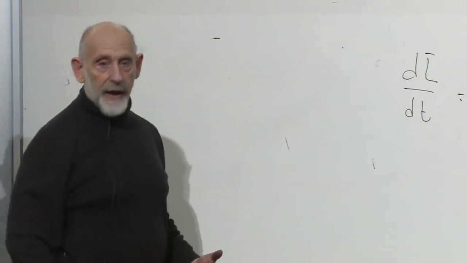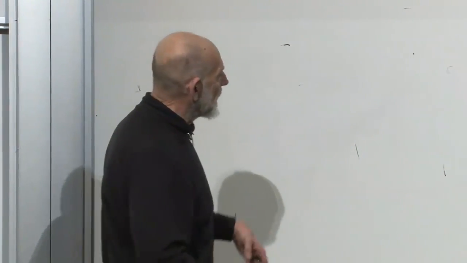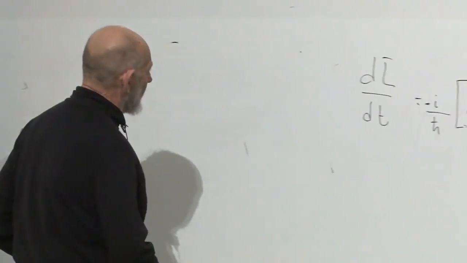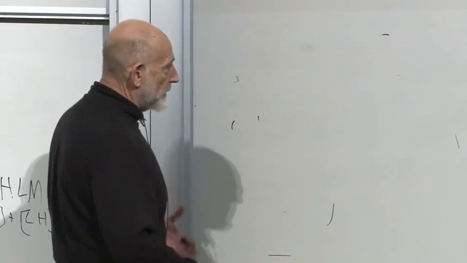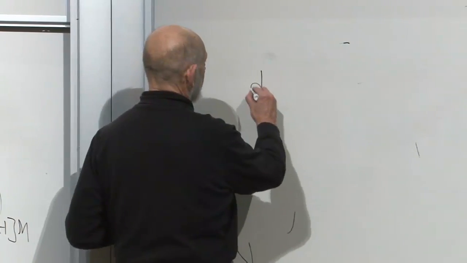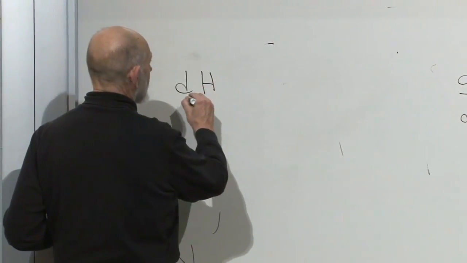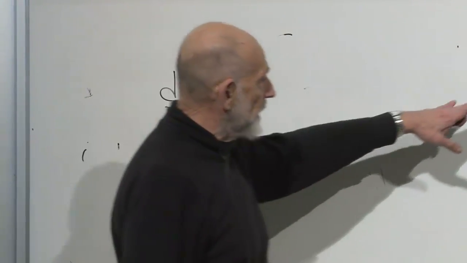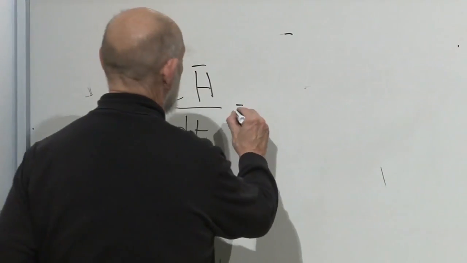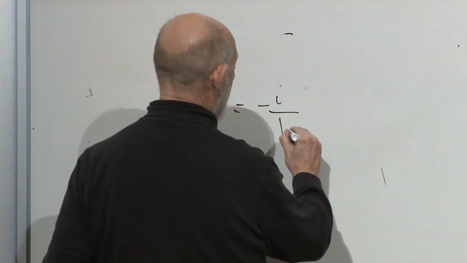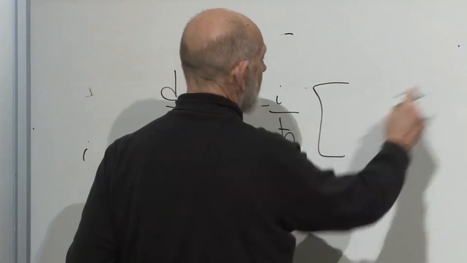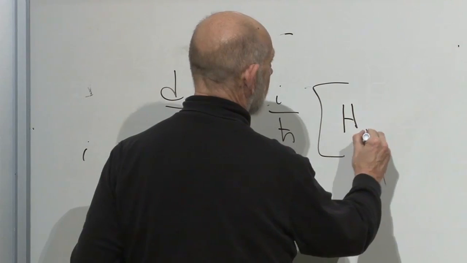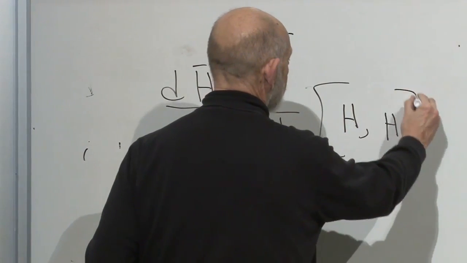The energy, I claim, is the Hamiltonian, or its definition, if you like. What is energy? It's the Hamiltonian. So let's check and ask whether energy is conserved if energy is the Hamiltonian. This equation would read, the time derivative of the average of the Hamiltonian is equal to minus i over h bar times the commutator of the Hamiltonian with itself.